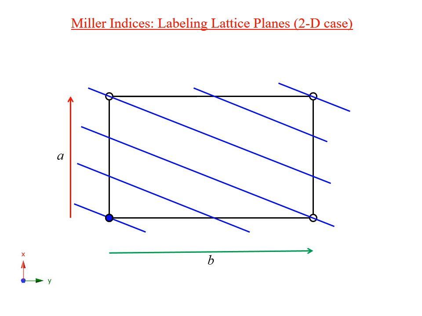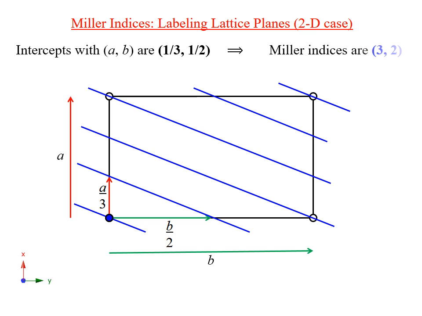So that plane that's up and to the right intercepts the A-axis at this point here, which is 1/3 of the way along A. And that same plane intercepts the B-axis out here, which is 1/2 of the way along B. The intercepts with the A and B axes are therefore 1/3 and 1/2 along A and B respectively.